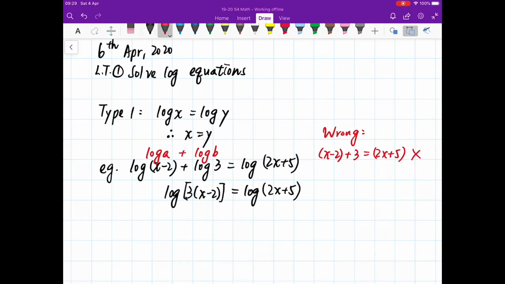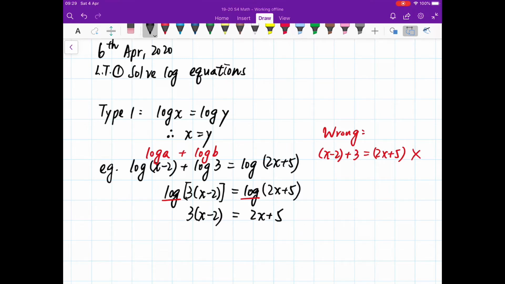And therefore, as you can see now, there is one log on each side, and we can simply take it off. So 3 times (x minus 2) is equal to 2x plus 5.